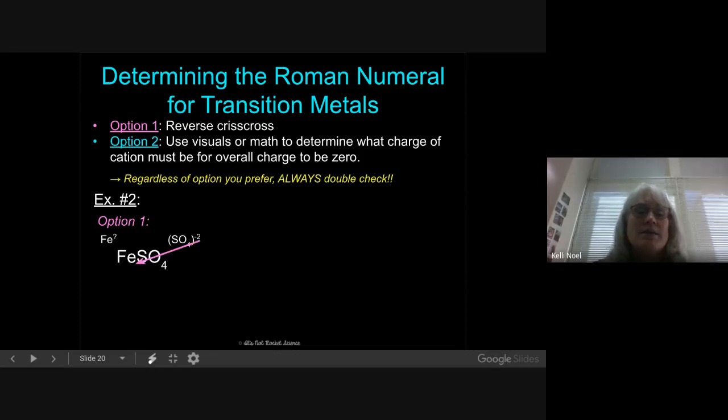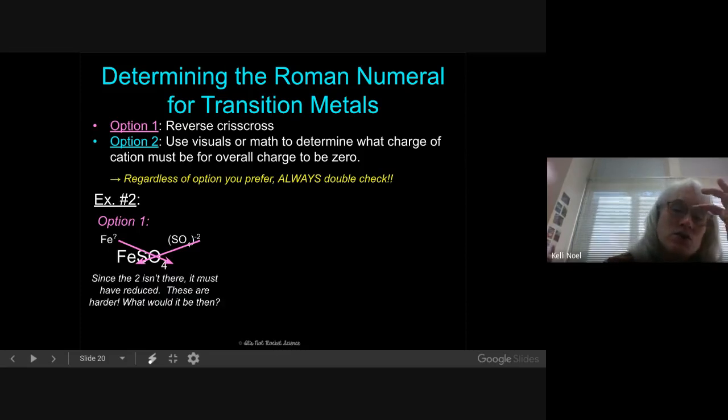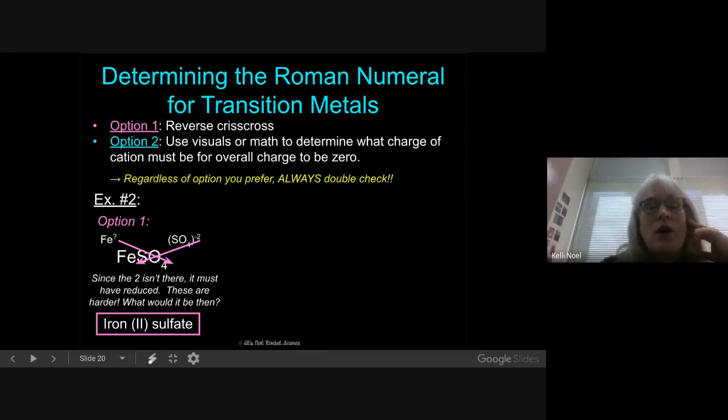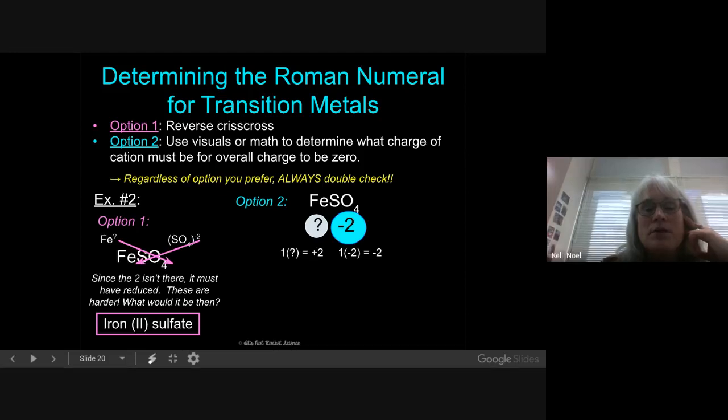So it means that if the Fe had a 2 and there's no parentheses and SO4 had a 2, then this must be iron 2. Because there's a 1 there, so it had been reduced. So this is a little bit harder here. So iron 2 sulfate is how you would write this here. Or again, you could do the math. So again, it's going to be 2.